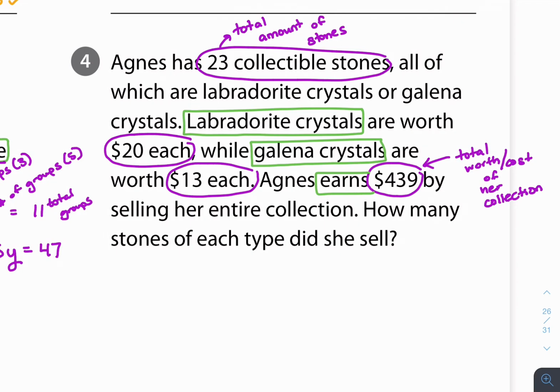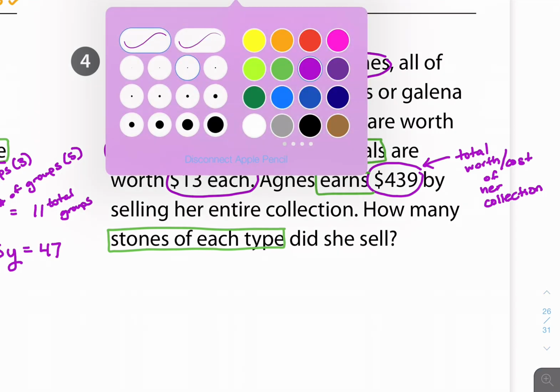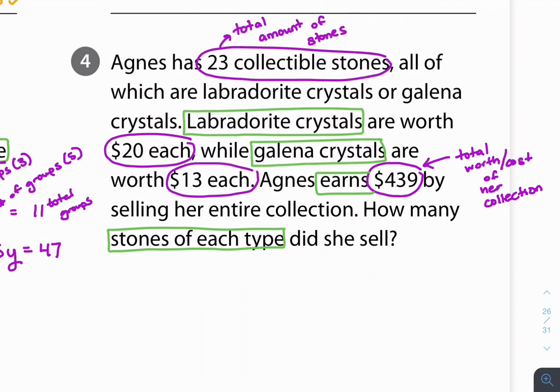How many stones of each type did she sell? Right? Stones of each type. That right there tells us what our two unknowns are. The labradorite crystals, how many of them? And the galena crystals, how many of them? Those are the two things we need to find. We need to know how many labradorite crystals she sold and how many galena crystals she sold.